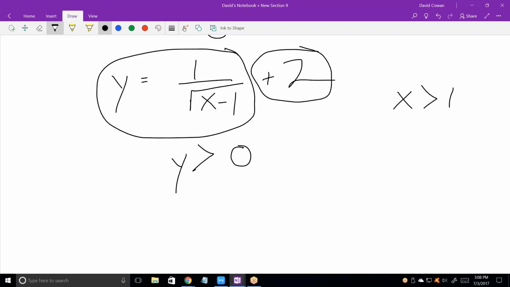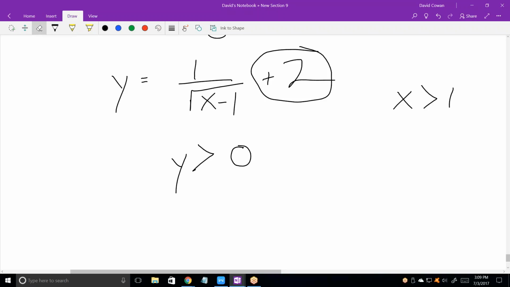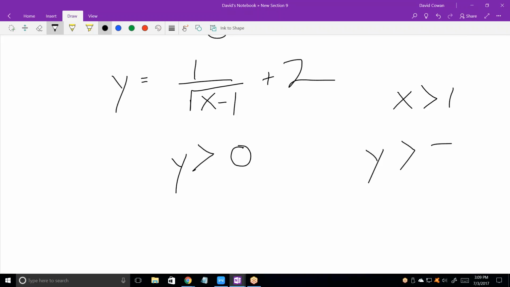So now, what's the range if I take 1 over this plus 2? How does that change it? The range was y greater than 0. Well, what's the range going to be now? y is greater than 2. Yeah, exactly. Has to be greater than 2.